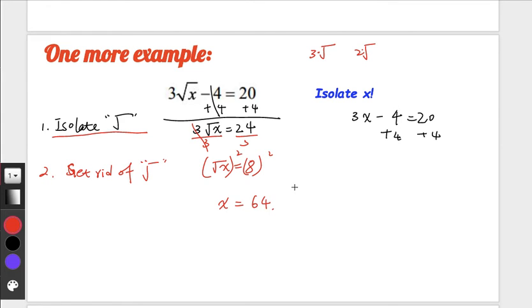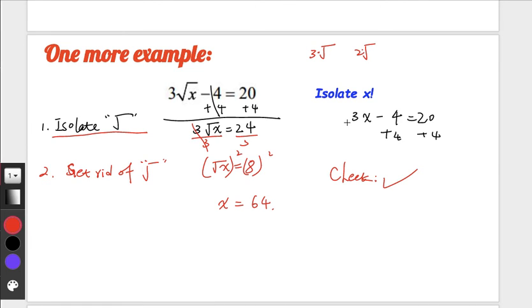Do not forget to check to make sure everything is right. Let's use mental math to quickly check. Plug in 64: the square root of 64 is 8. 3 times 8 is 24. 24 minus 4 is 20. Okay, so we quickly used mental math to make sure everything is correct.